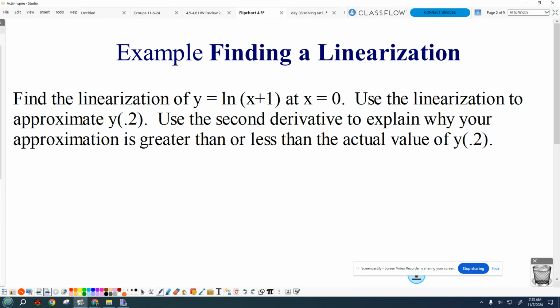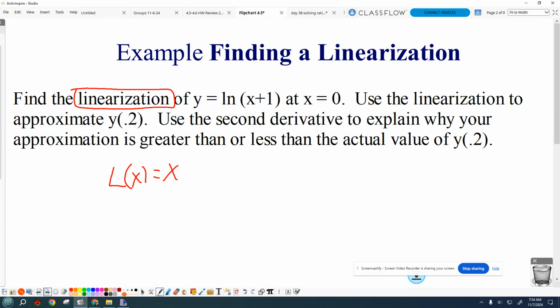This is exactly the same question, except they use the words, find the linearization, which Sita did and said it's y equals x. Your textbook will call it L of x, the linearization.